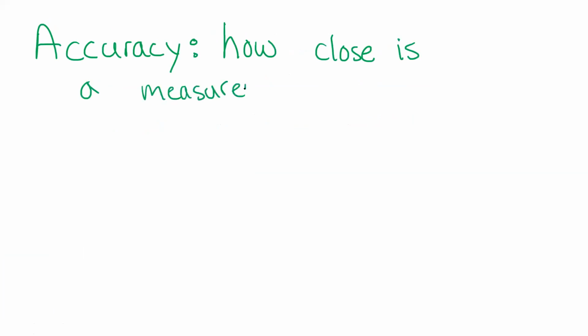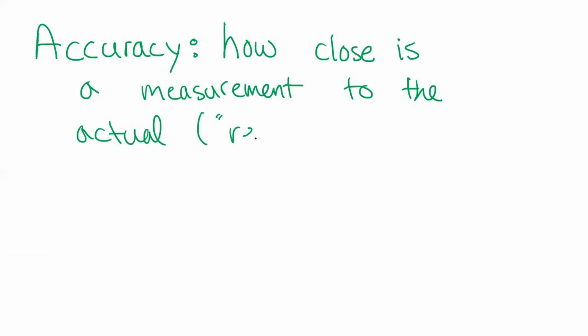So accuracy typically is said to be how close a measurement is to the actual, what we would essentially say, real value.